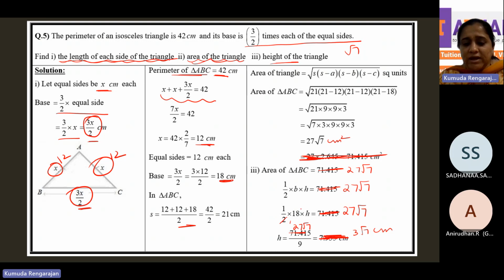Children, I've told you many times I cannot cancel when I'm preparing the presentation, so you have to show all that in your book. So you get h is equal to 27√7 by 9, which is 3√7 centimeters. That's the height of the triangle. Again, a very simple question this is.